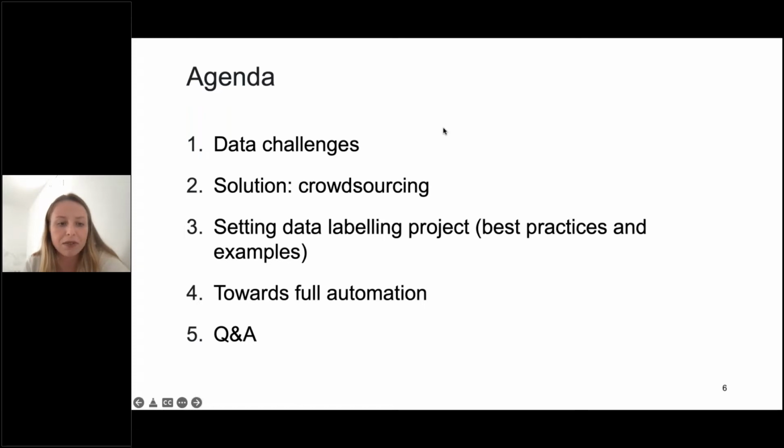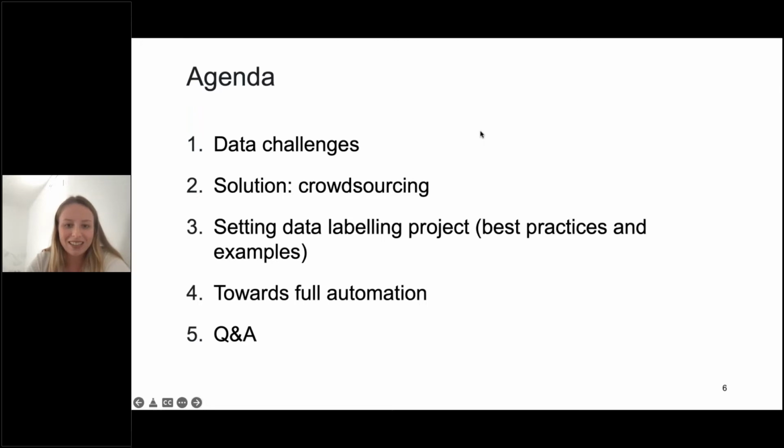Then I will give you some tips how to set up a data labeling pipeline. I will give you some best practices and some examples. At the end, we will talk about the automation of the whole process. And as Irina mentioned, at the end, I will take time to answer some questions. So feel free to write in the question tab if you have any.